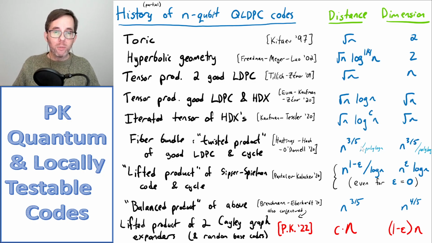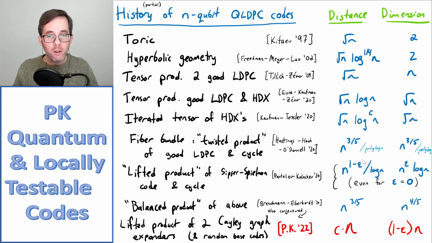It got distance n to the 0.6 divided by some polylog factor, and dimension n to the 0.4 divided by some polylog factor. But just a few months after that came the heroes of our story. Oh, I see there's a little spelling mistake. Sorry, Pavel, there should be an extra E in this citation. Oh, and these are my old slides because I see there's another typo here. This should read n to the (1 minus epsilon) over 2.